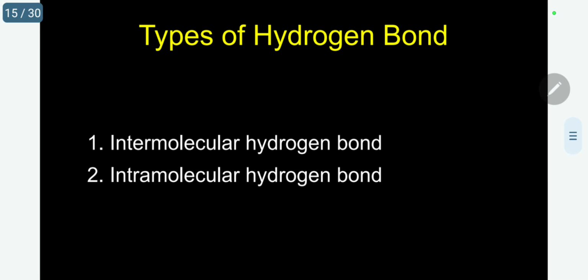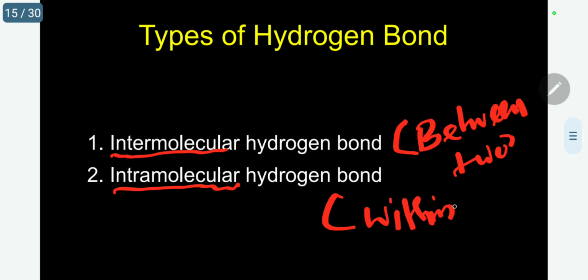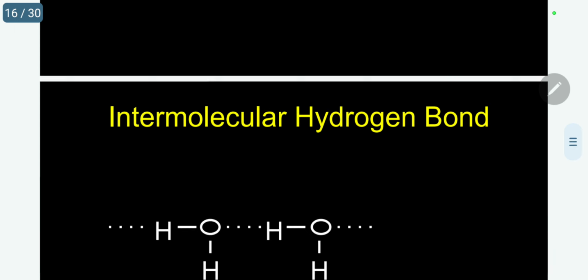As I already informed you, there are two types: intermolecular hydrogen bond and intramolecular hydrogen bond. What is meant by inter? Inter means between two molecules. Intra means within a molecule. That is the difference. Let me explain with an example.